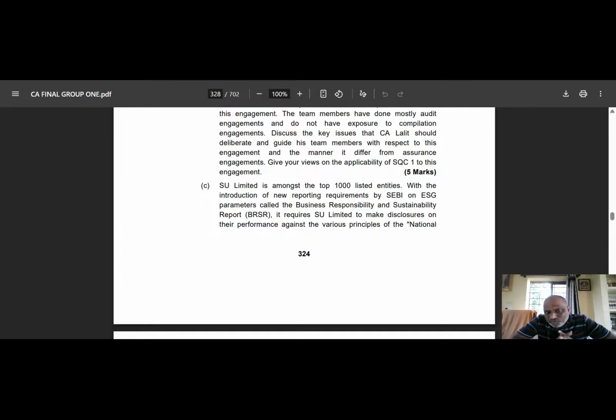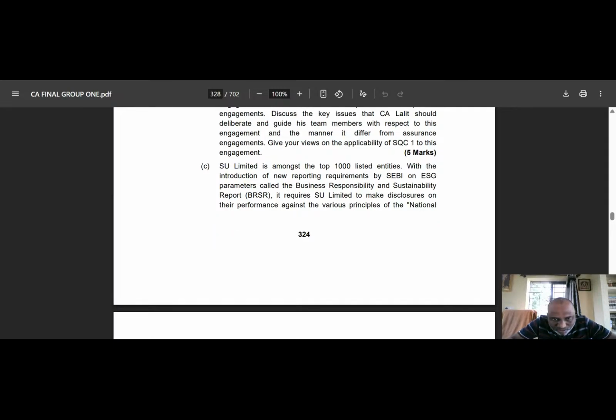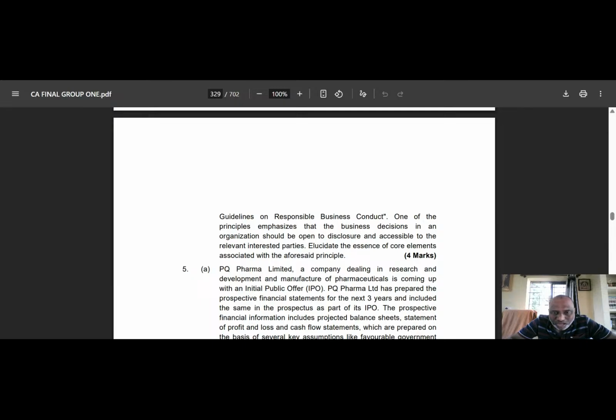SU Limited is among the top 1000 listed entities. With the introduction of a new reporting requirement by SEBI on ESG parameters called the Business Responsibility and Sustainability Report, BRSR, it requires SU Limited to make disclosures on their performance against the various principles of national guidelines on responsible business conduct.